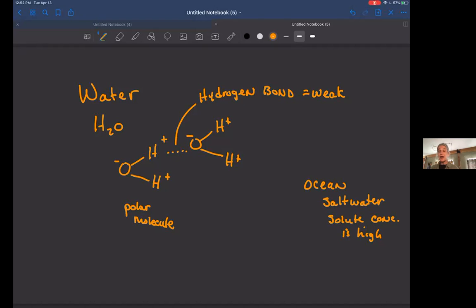When we look at the other storages, I could write these storages down. We could talk about the storage in the atmosphere as clouds. We can talk about surface fresh water.